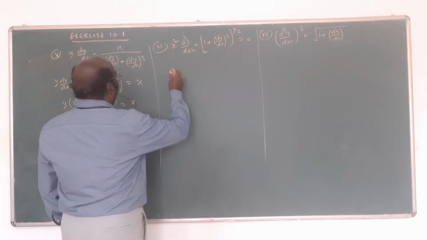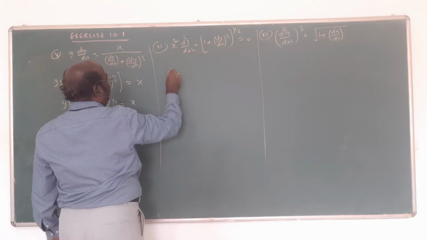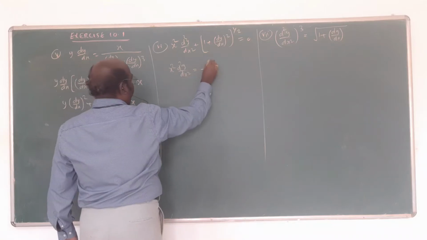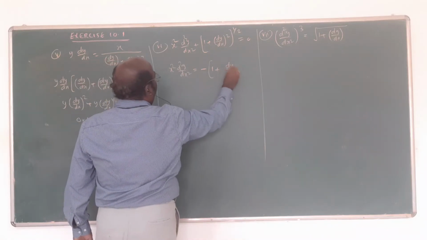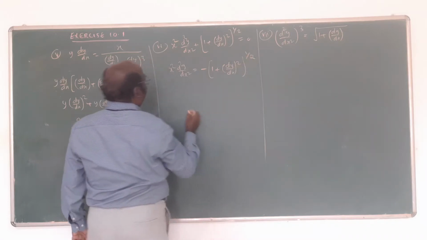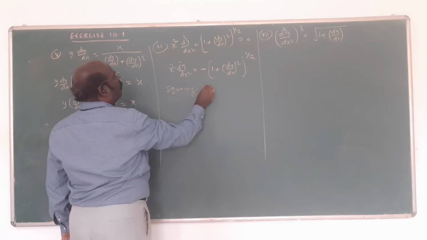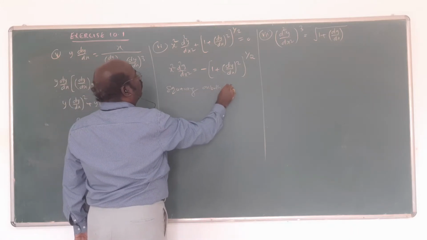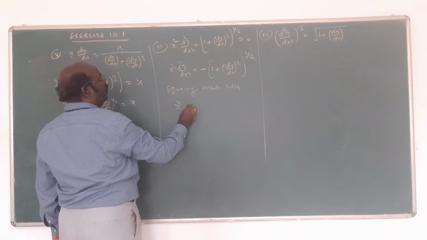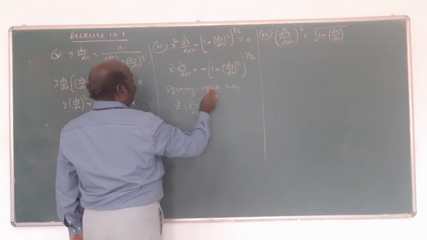Then in the next question, the power is a fraction. To avoid the fraction, d square y by dx square equals minus 1 plus dy by dx whole square, whole power 1 by 2. Now squaring on both sides. What is the answer? Then d square y by dx square whole square is coming.